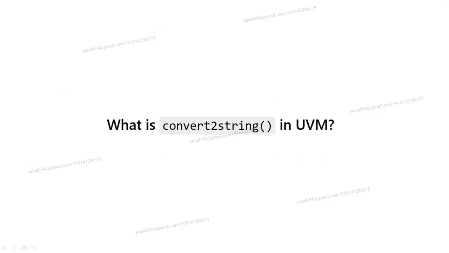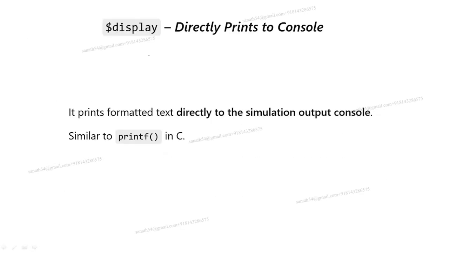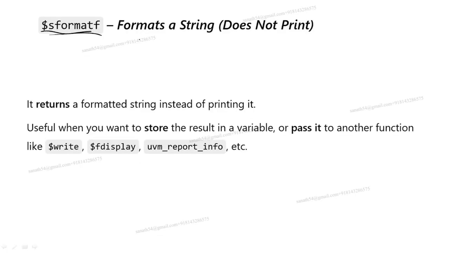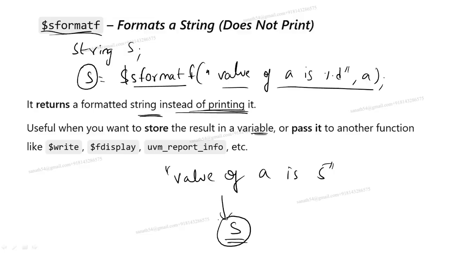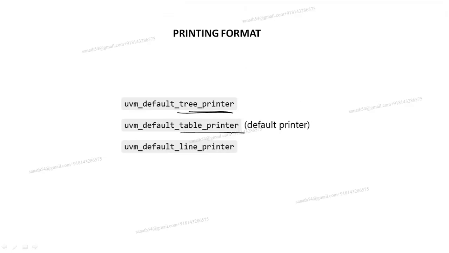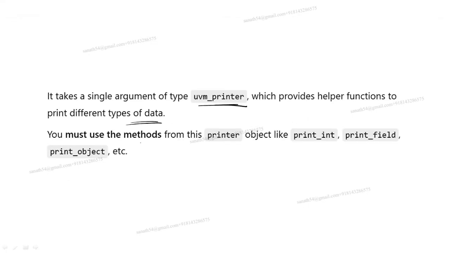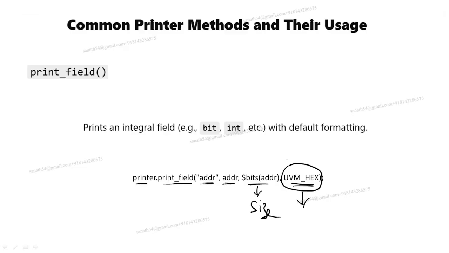Convert to string, these are inbuilt functions. And the difference between display and sformatf we already saw. Next we saw convert to string, printf, and print. We saw how print works in terms of tree printer, table printer and line printer, and what is do_print. And next we saw print fields. So this is about today's session.